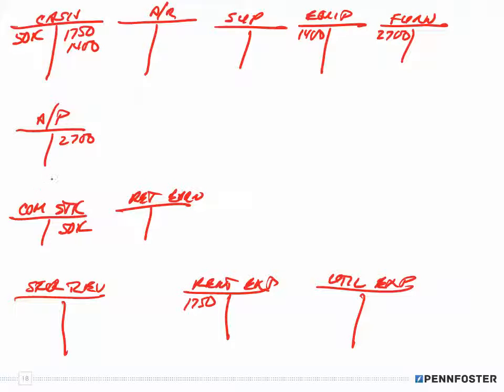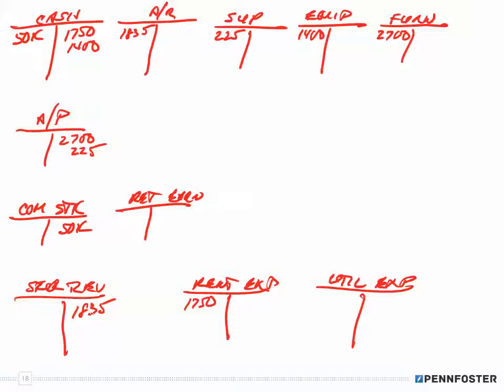Next entry is supplies for $225 and accounts payable for $225, so a debit to supplies and a credit to accounts payable for $225. Next entry was a debit to accounts receivable for $1,835 and a credit to service revenue for $1,835.